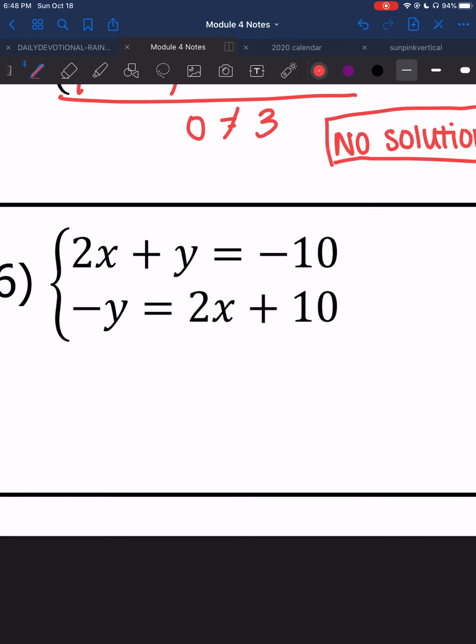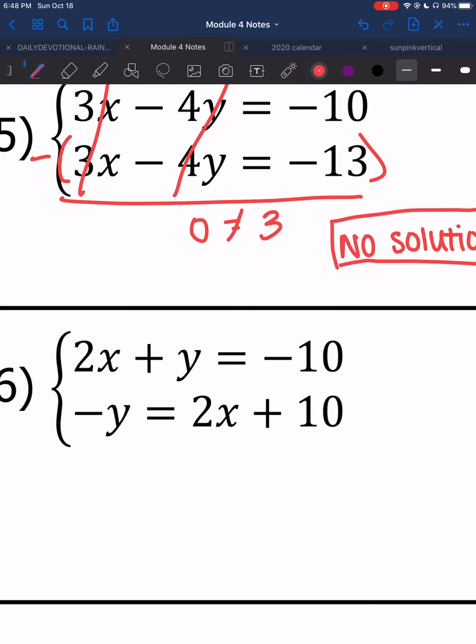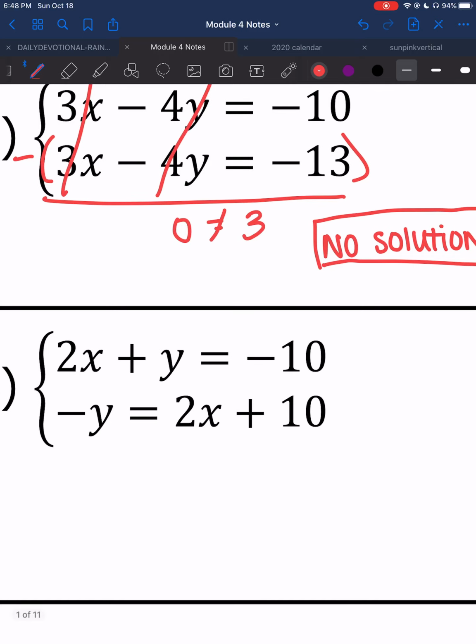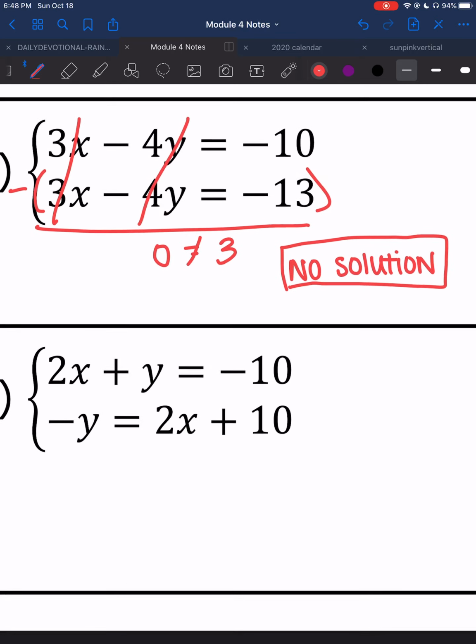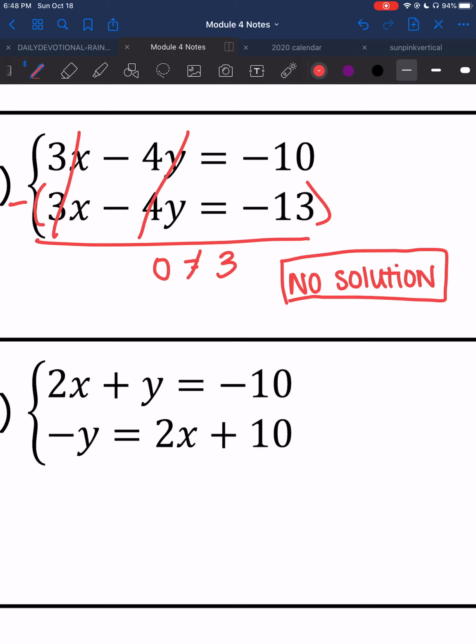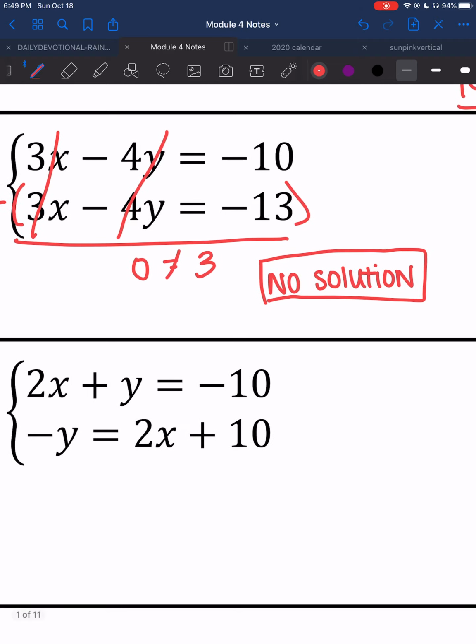Let's do this last one here. So 2x plus y equals negative 10, and negative y equals 2x plus 10. Well, I want to get them to be the same. So let's keep the top one the way it is. And then let's move the 2x to the other side.